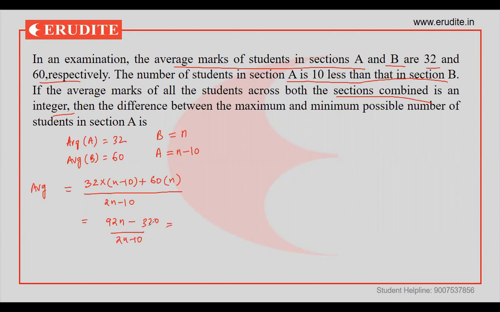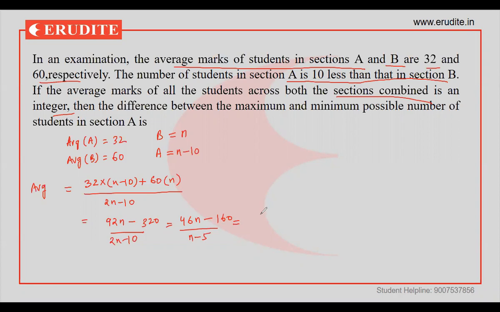Divide the numerator and denominator by 2. So I will get (46n minus 160) upon (n minus 5).